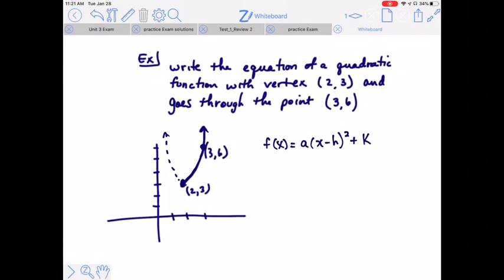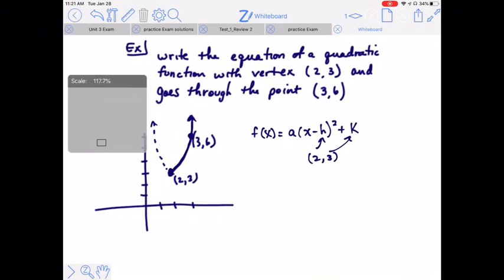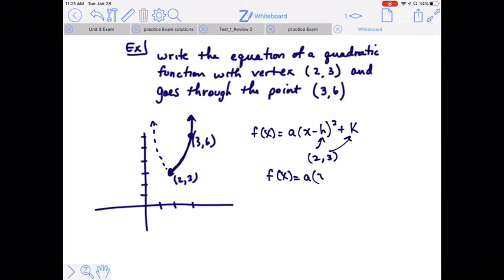Knowing that the vertex is at the point 2, 3 allows us to partially fill out that function as f of x equals a times x minus 2 squared plus 3. What we don't know and have not been given is this value of a. We know that a is positive because the parabola opens up, but we don't know the exact value of it.